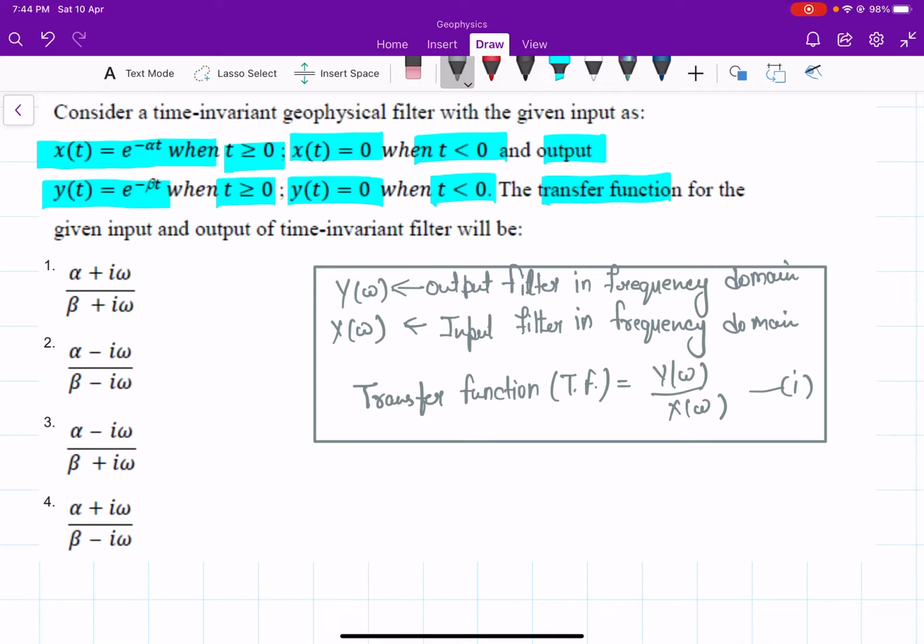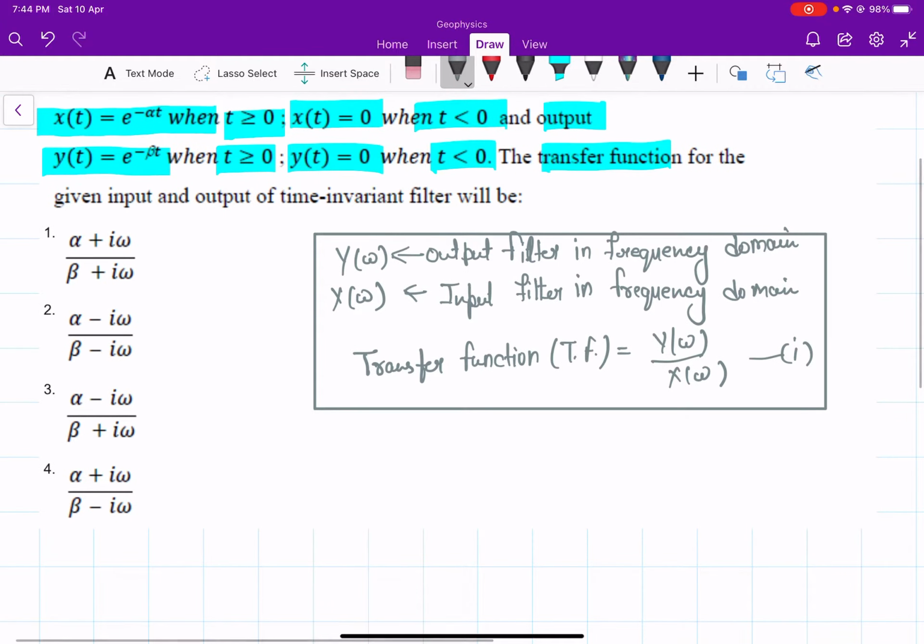So for the transfer function you have to know the value of output and input filter in frequency domain, but in the problem the filter is given in time domain. So first we will transform the input and output filter into frequency domain.